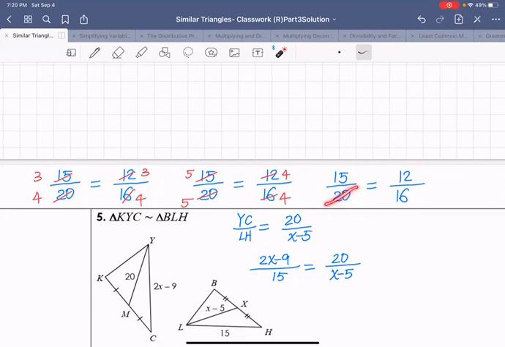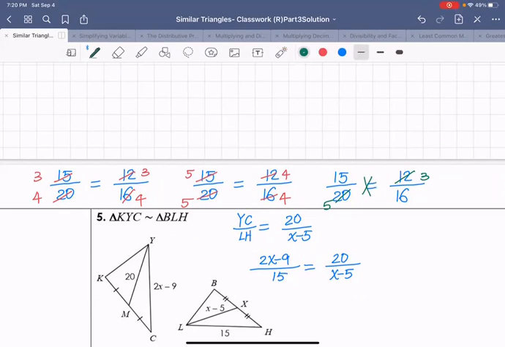Divide by 4? 5. Divide by 4? 3. 15 over 5 is 3. Can 3 equal 3 over 16? No. Make sense now? This one is wrong.